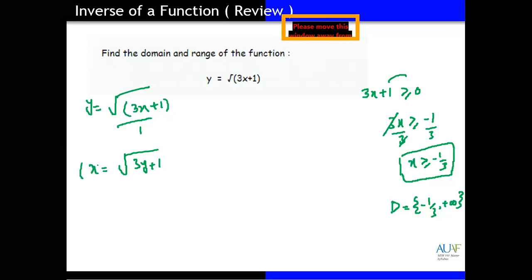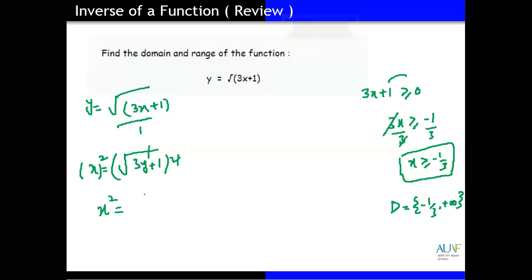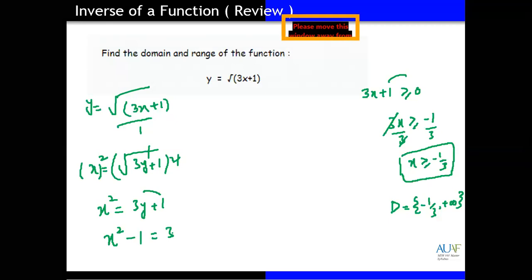If we square both sides, we have x square equal to 3y plus 1, since the square cancels with the square root. Transferring 1 to the other side to find the value of y, x square minus 1 equals 3y, and dividing both sides by 3, 3 cancels with 3, y equals x square minus 1 divided by 3.